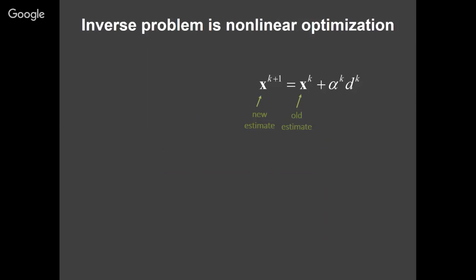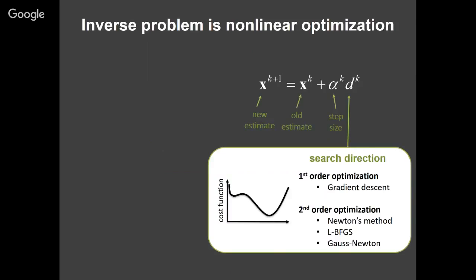So how we solve it is basic optimization, nonlinear because we've got the sparsity prior. You take your old estimate and then you update it. Your update will be some step size and then a search direction, and the search direction is the important part. You can just do gradient descent, but we typically use second order methods because we've found that they perform a lot better for this problem.